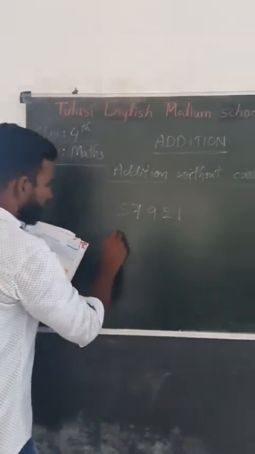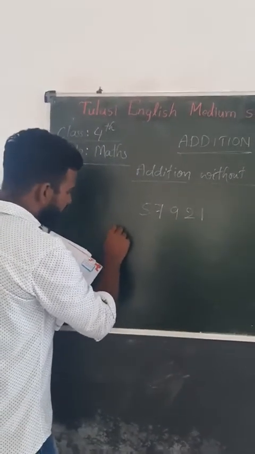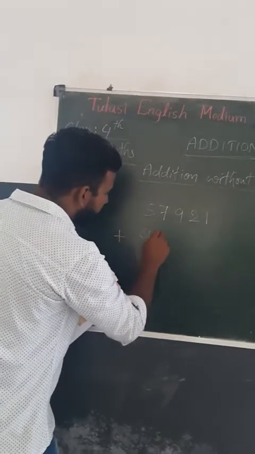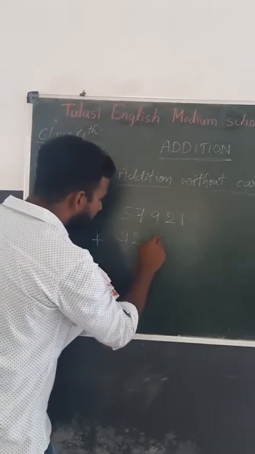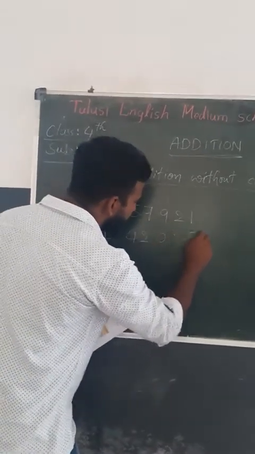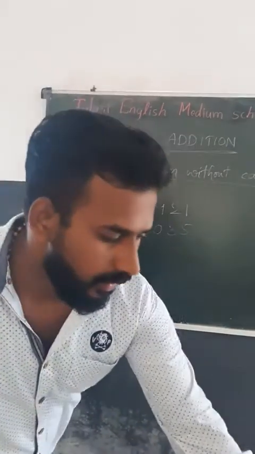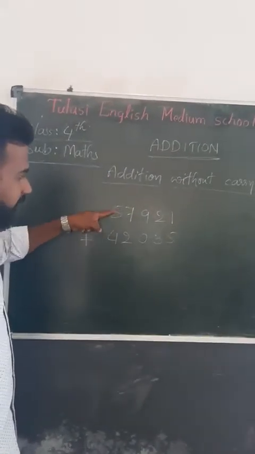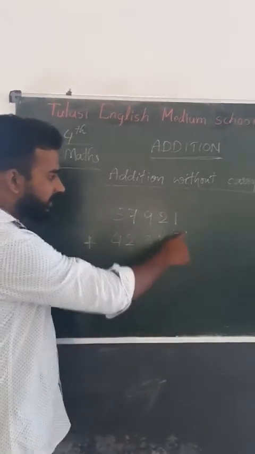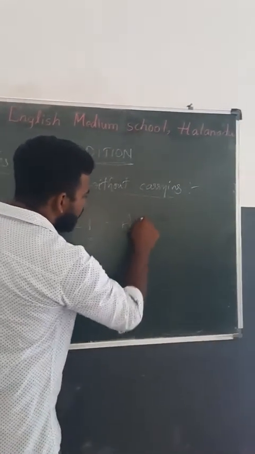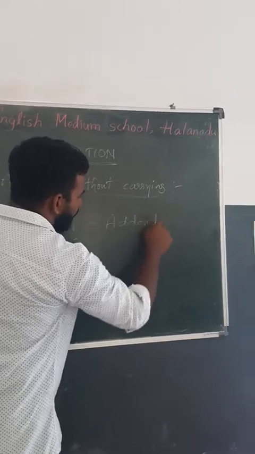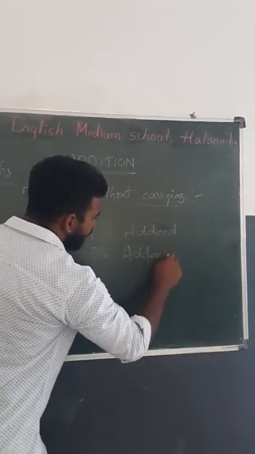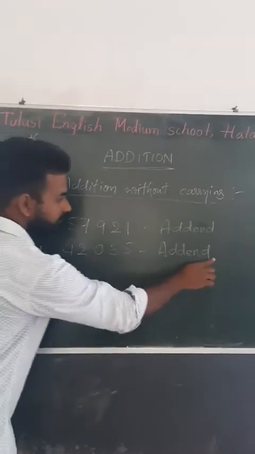57,931 plus, see, this is the symbol of addition, plus, 42,035. In addition, the numbers that we add are called addends. This is also called an addend.